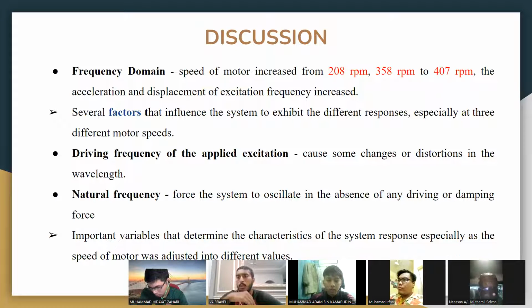The second one is the natural frequency, which is the frequency at which the system oscillates in the absence of any driving or damping force. This variable is important since it can determine the characteristics of the system response, especially as the speed of the motor was adjusted to three different values.